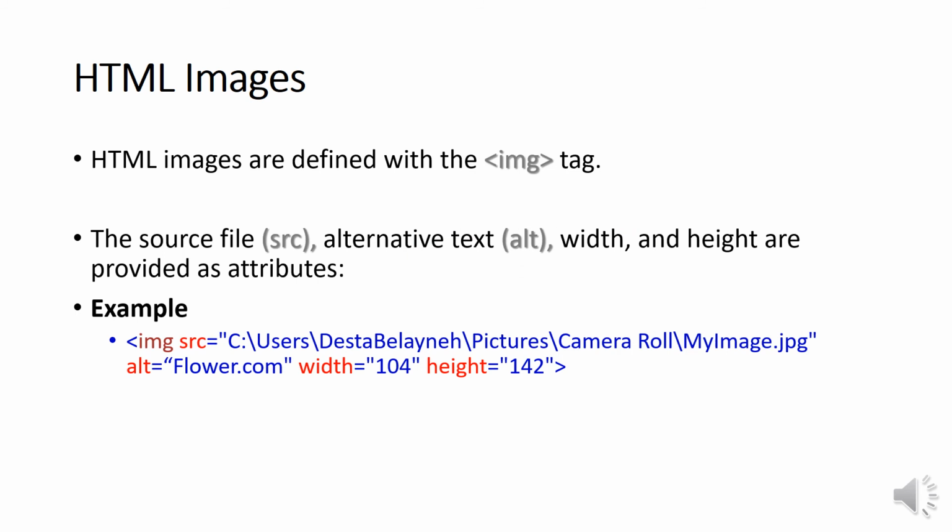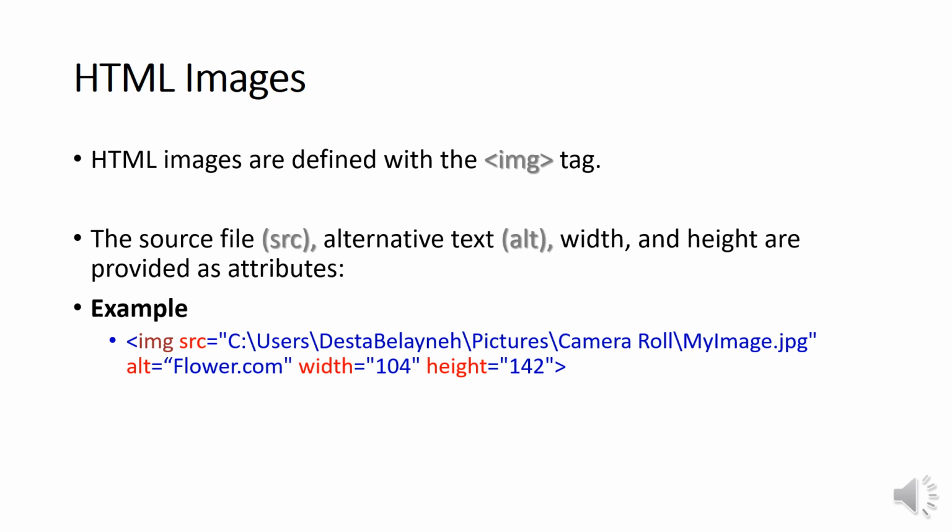Now the next one is the img tag. Obviously this one is used for inserting an image. Here you can see two attributes. Try to differentiate the tags and the attributes. Here you can see I separated them with colors so that it can be clear for you.